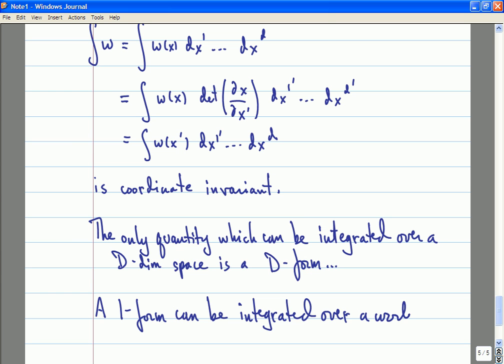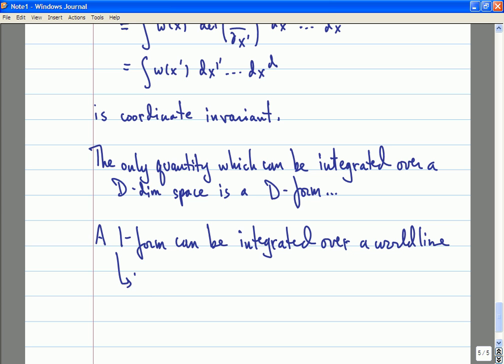Now, in the language of vector calculus, what that would mean is that a vector can be integrated along a path to get a coordinate invariant answer. And indeed, you probably saw this in your classes on multivariable calculus. That's what you would have called in your multivariable calculus class a line integral. Or sometimes you would call it a contour integral.